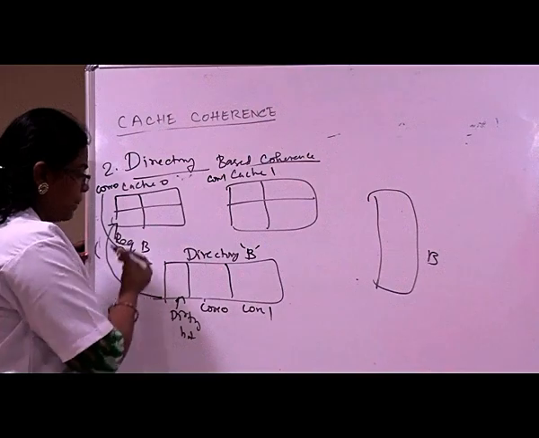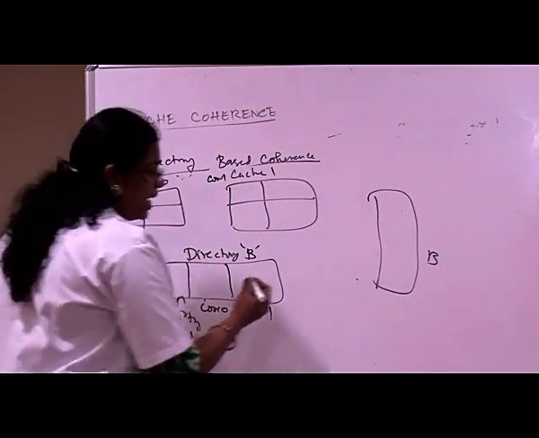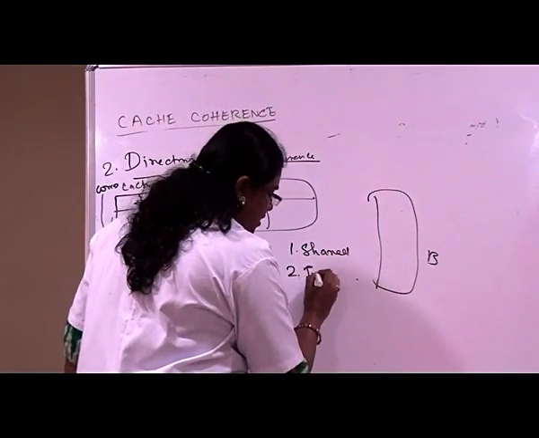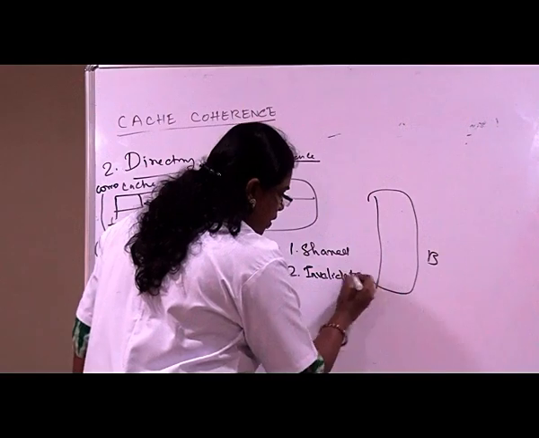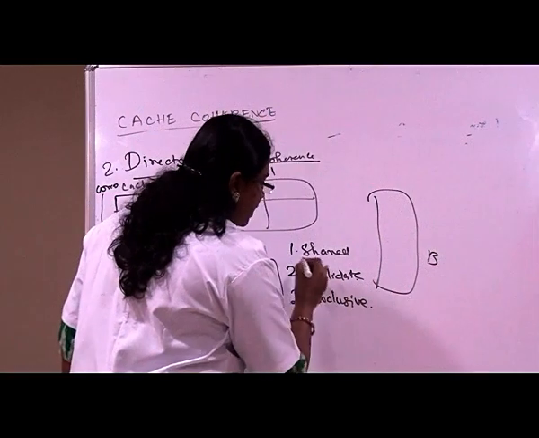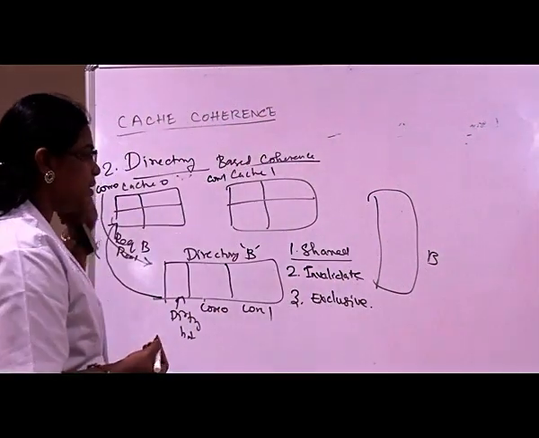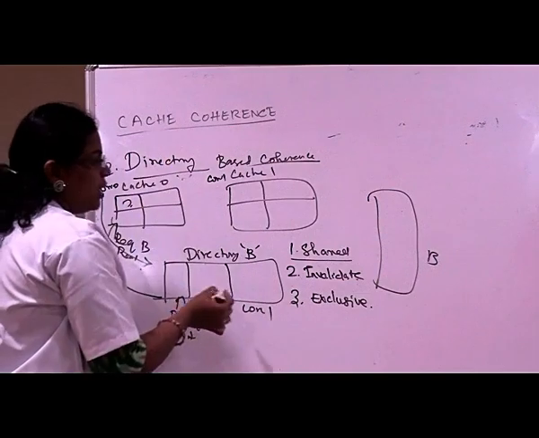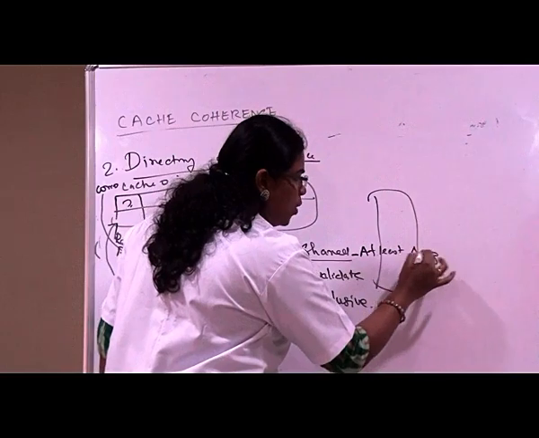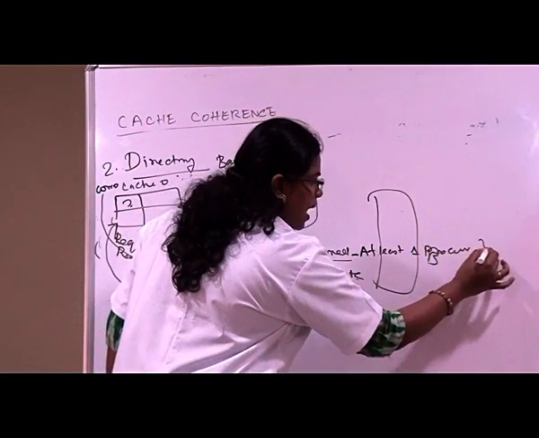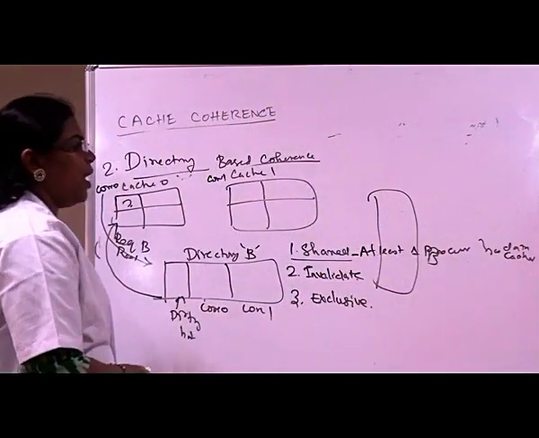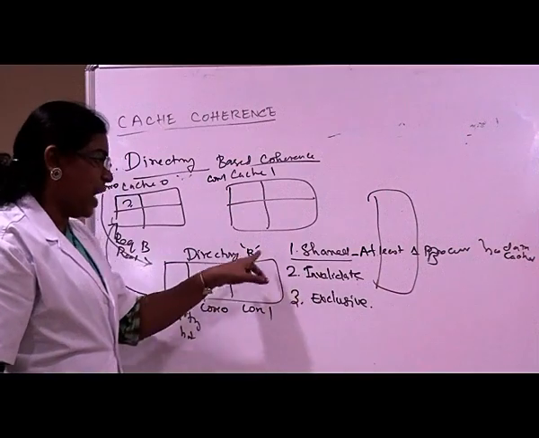Once I am sending it back, what happens? There are 3 states: shared, invalidate, and exclusive. These are the states maintained in the cache. Shared state means at least one processor has the data cached, that is, has the block B in its cache.